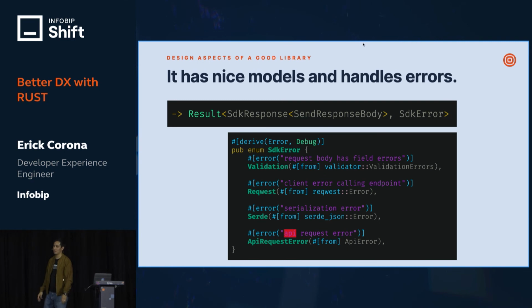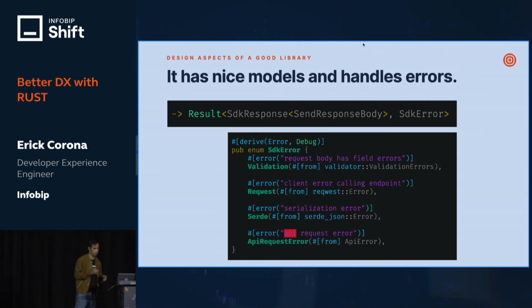Another cool thing is that we have nice models for errors and handling of them. So this is related to the Schrodinger box that I was mentioning before. When you have a function that can fail, and in this case, calling an API is I/O, so it can fail, you have a map of what is success and what is an error. So for every kind of success, we have a special type called SDK response with the special data for that kind of call.